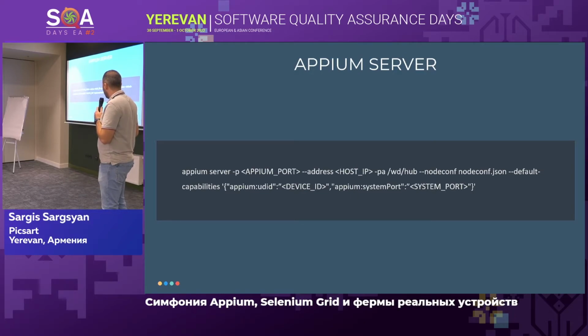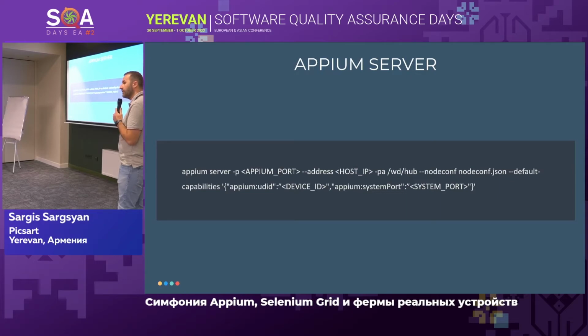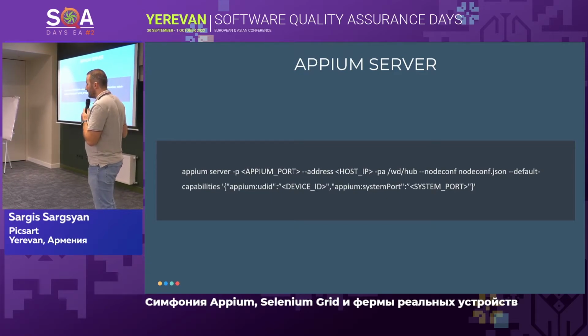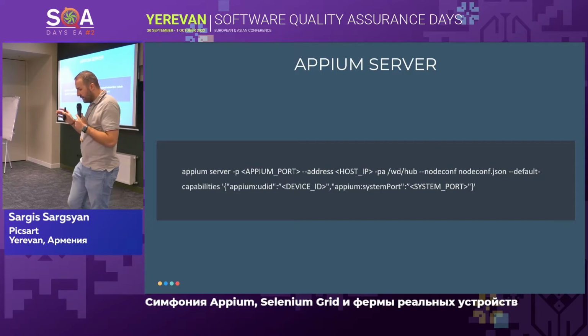With Appium 2, you have to give the URL ending. We are saying that the node config is this file, which is in the same directory from where I'm running. And then we are giving the capabilities, giving the device ID and the system port. Here we have the port for Appium, and this is a system port for Appium.